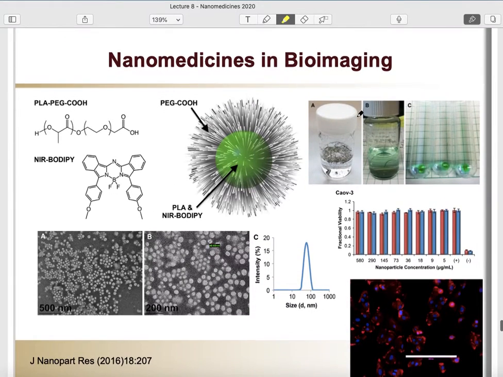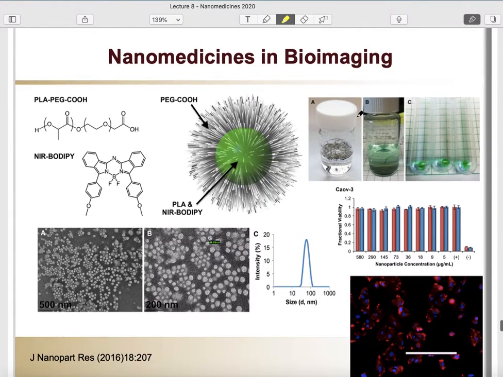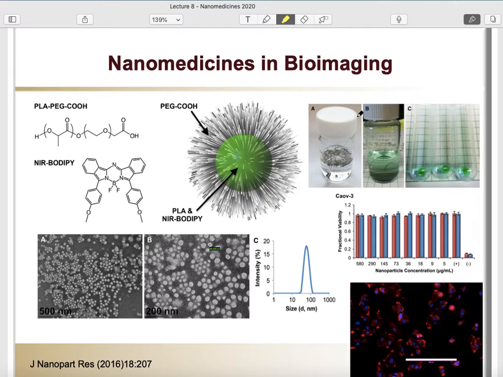The next nanomedicine is also from my group, and in this case what we were trying to do was to load a nanoparticle with a fluorescent agent to enable near-infrared fluorescent imaging. So this is a polylactic acid-polyethylene glycol block copolymer. We loaded a near-infrared BODIPY molecule which can fluoresce in the near-infrared, where our bodies are more transparent than in the visible range, of course.